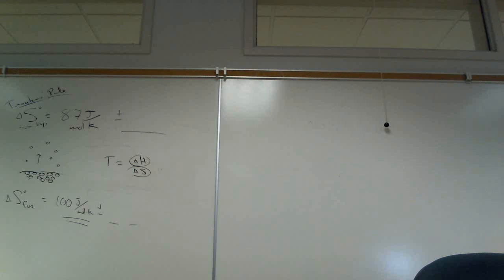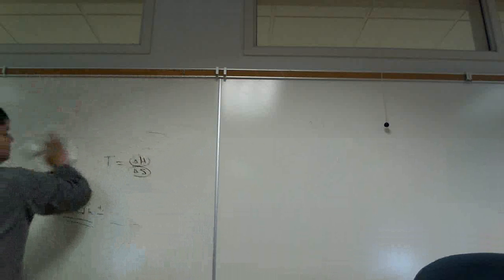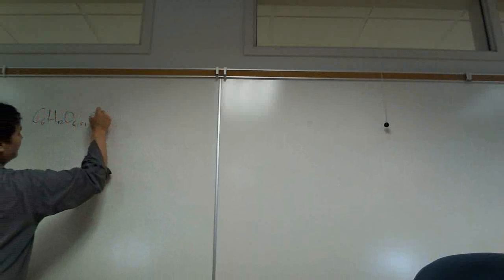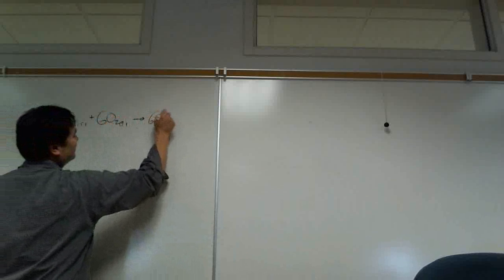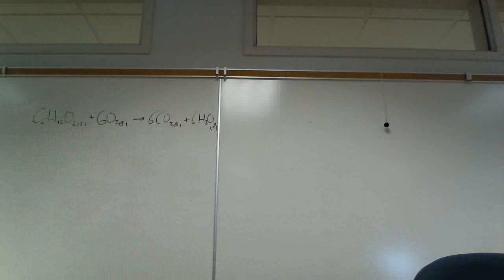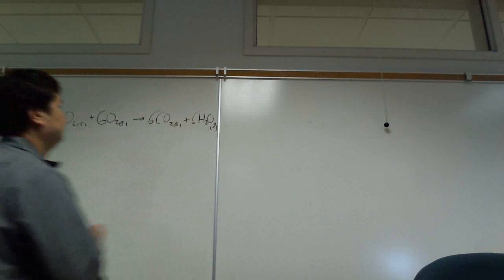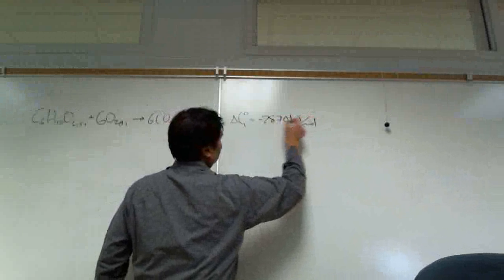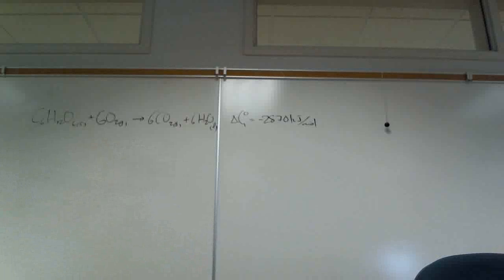The Gibbs energy available from complete combustion of 1 mole of glucose to carbon dioxide and water is minus 2870 kilojoules per mole. Okay, A, under biological standard conditions.